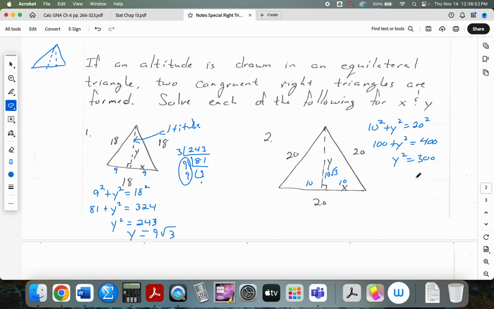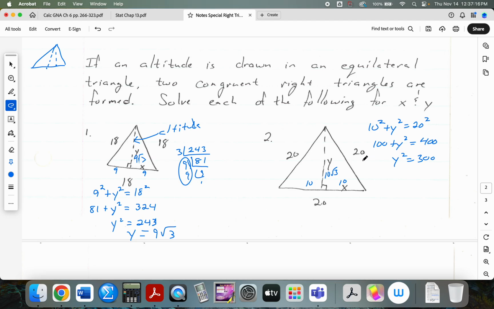How did I do that in my head? I'm using the same pattern that this one had. This was 18, this was 9, this was 9 square roots of 3.